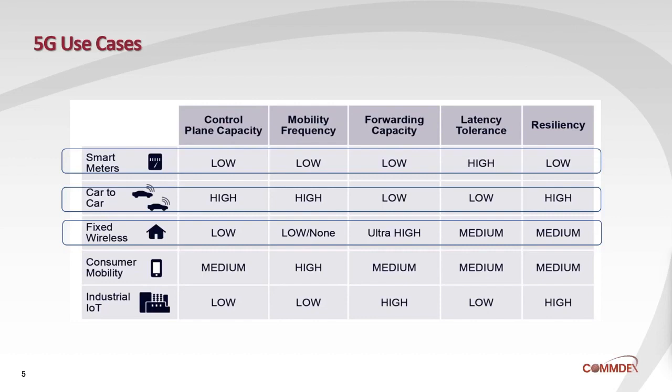5G-based fixed wireless access can provide high-speed broadband connectivity to homes and businesses without the need for physical cables. The use case requires high capacity to deliver high-speed internet access to multiple users simultaneously. There is no mobility requirement as it caters to stationary locations.